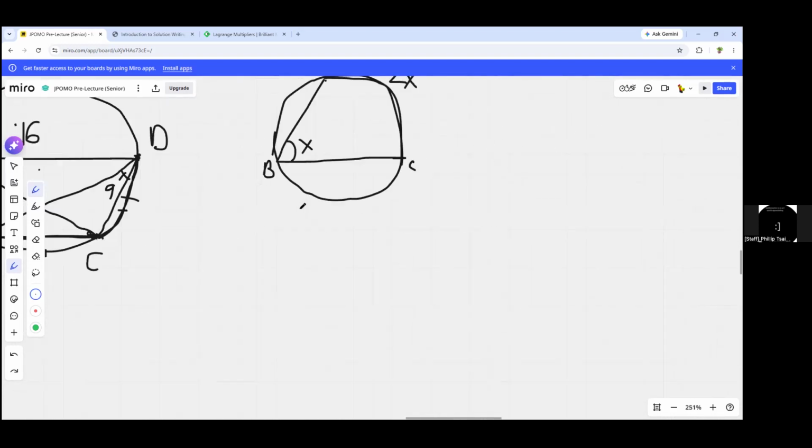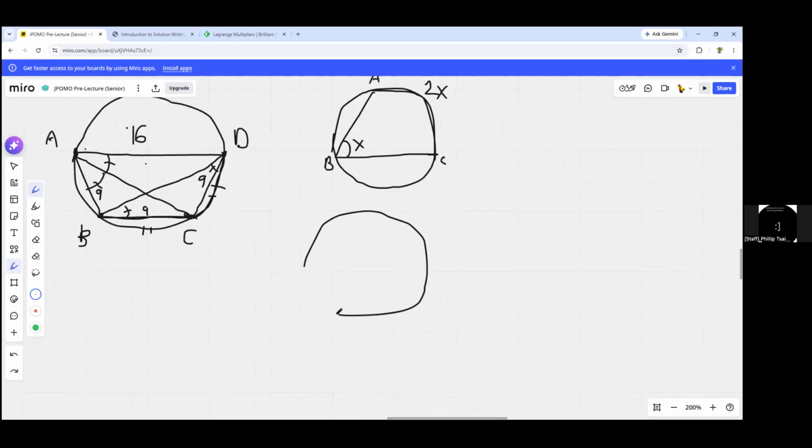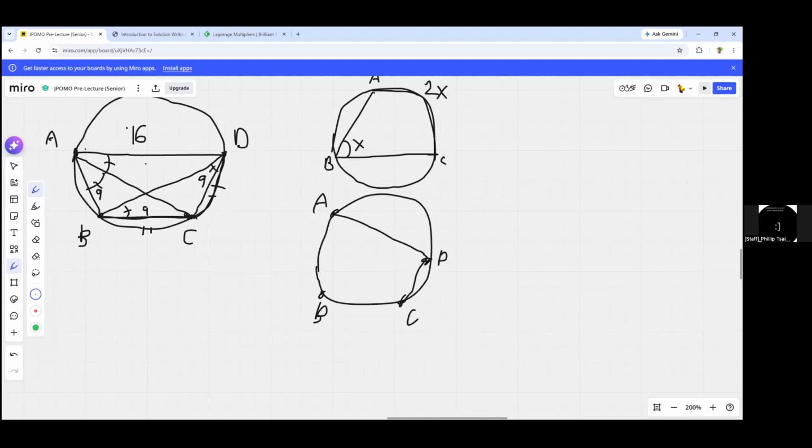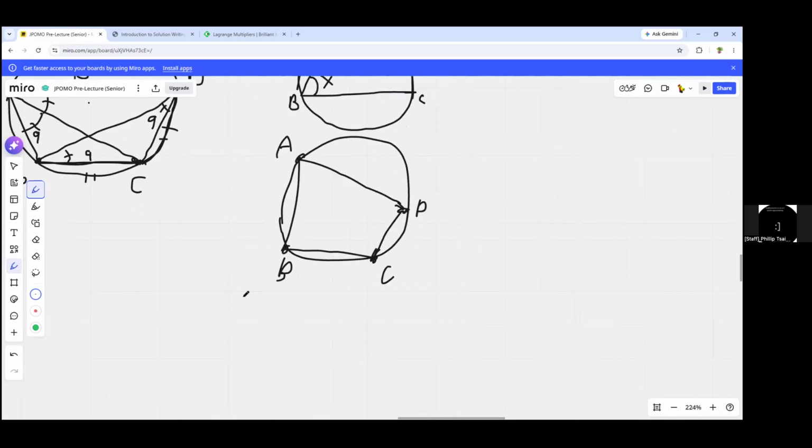Ptolemy in this case is referring to Ptolemy's theorem, where if there's a cyclic quadrilateral ABCD, then AB times CD plus AD times BC is equal to the product of the diagonals, that is AC times BD.